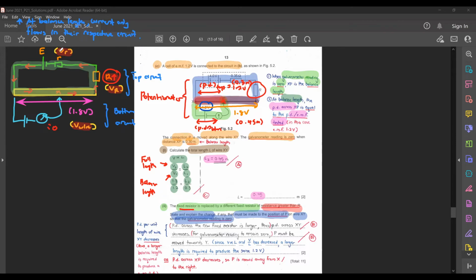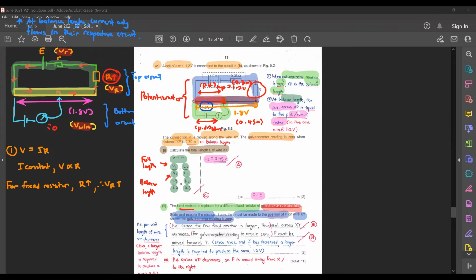So from here, if I apply V equals IR for all three PDs here, I can still say that current through all of them is constant. So therefore, PD is proportional to R. Now for the fixed resistor, since I know that its resistance has increased, therefore, the PD across the fixed resistance would have increased too.